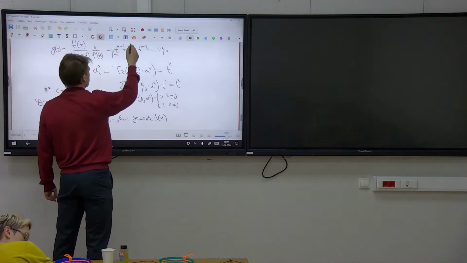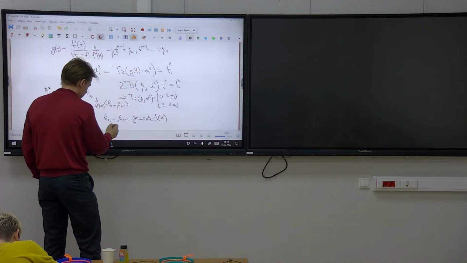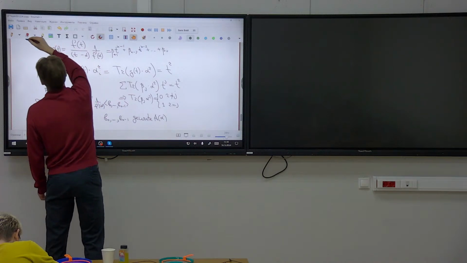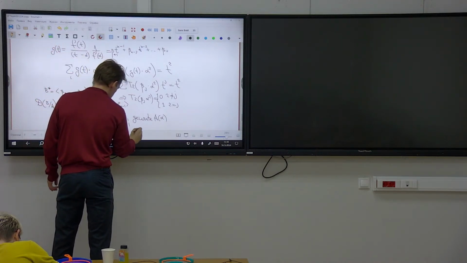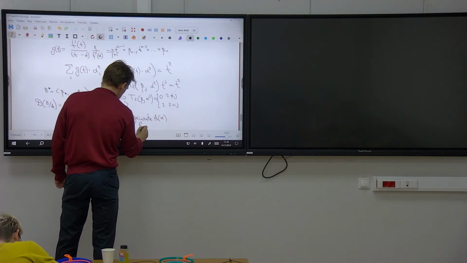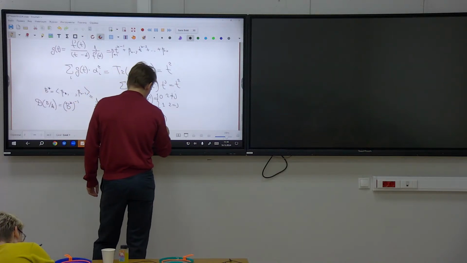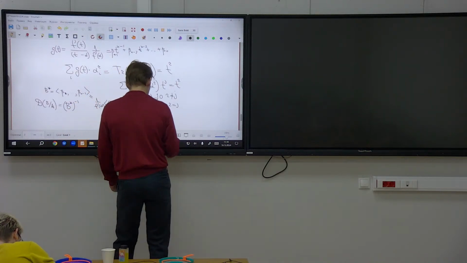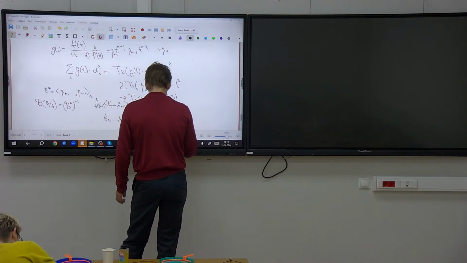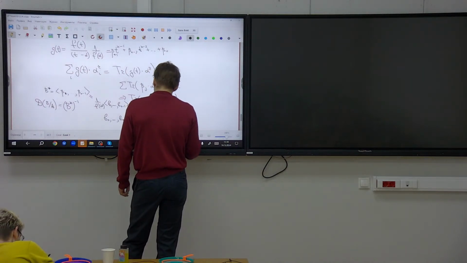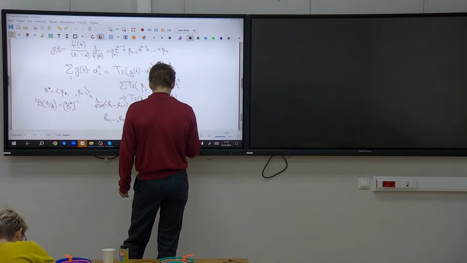So b n minus 1 is equal to 1, and b i is a polynomial of degree n minus i minus 1 in alpha.